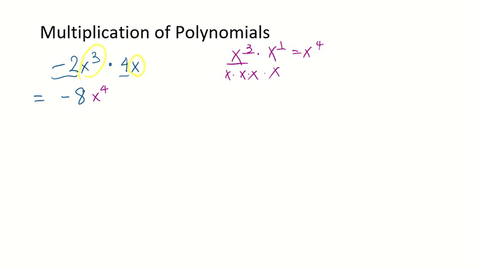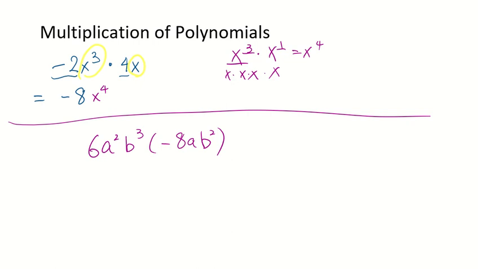Okay, let's look at another example. Here we're multiplying two monomials together. So same procedure. First we want to multiply the numbers together. So 6 times negative 8, that will give you negative 48. Then let's figure out the a term.